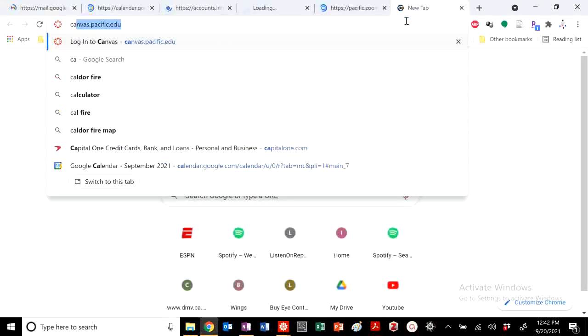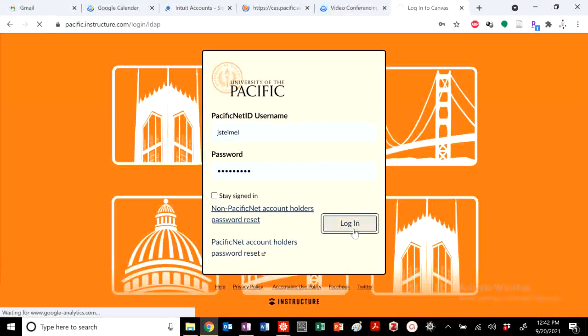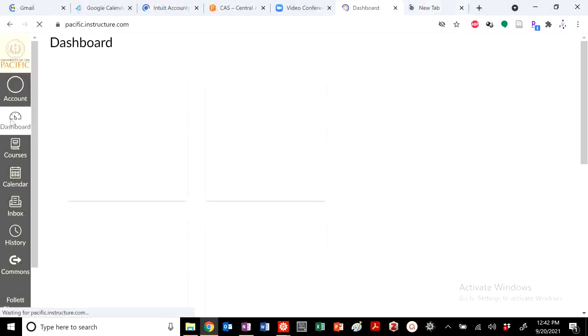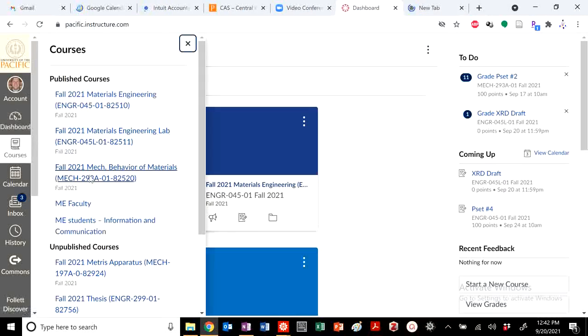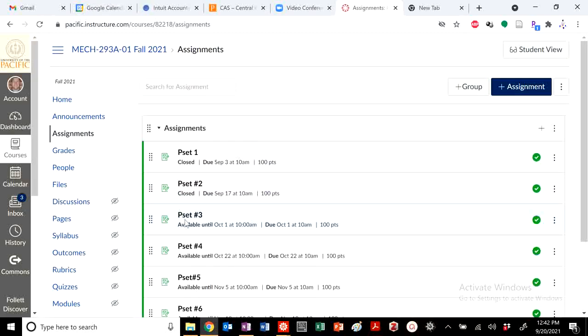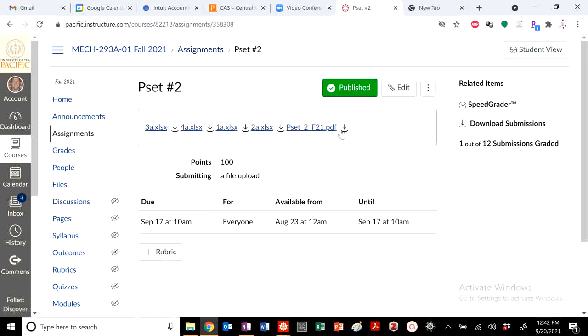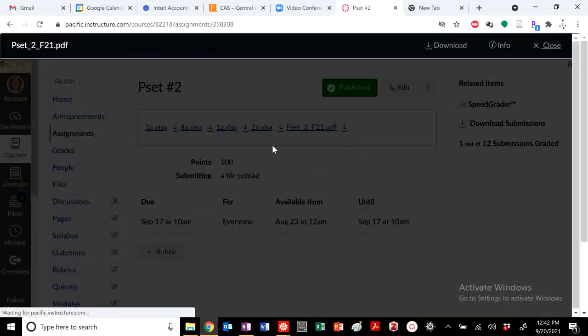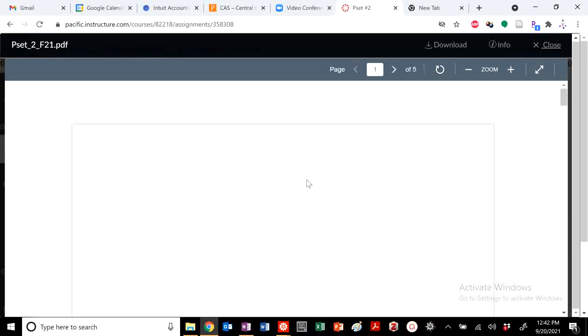Actually, let me double check, because there were some updates on Canvas, and I want to make sure that we are reading the most up-to-date version of your problem set. As you see, I need to grade your problem sets. Let's take a peek, just so that we're aware of what's happening here.